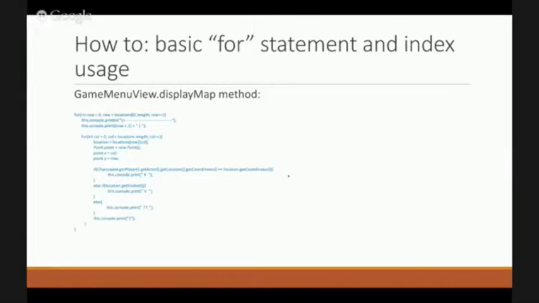If it has nothing, so the position hasn't been visited yet, it's going to print those two question marks. And it continues through the loop until the whole array has been navigated through, and it prints the map. And that's it for for statements.